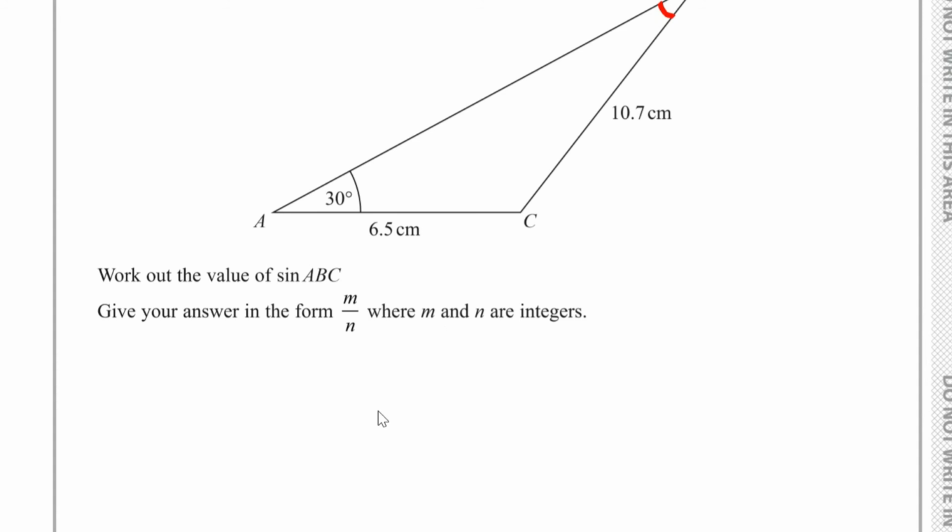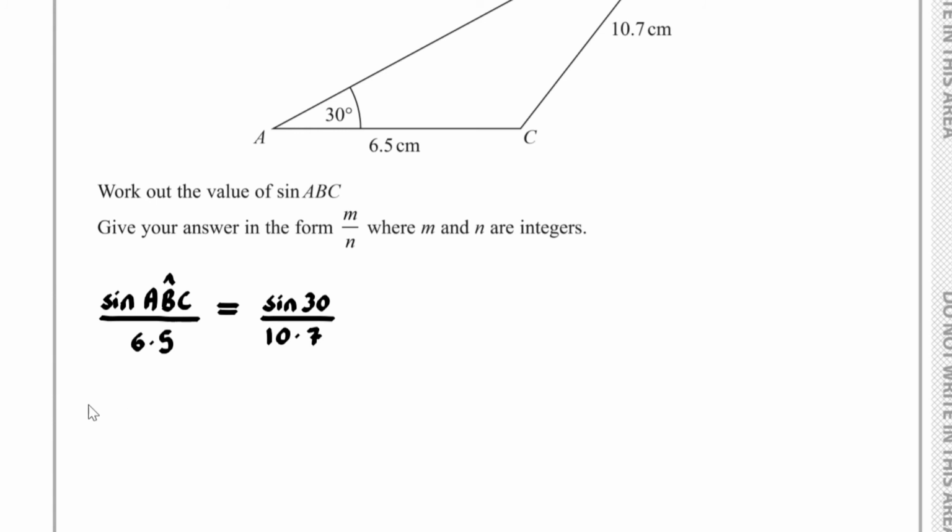So if I use the sine rule, we've got the sine of the angle ABC divided by the length opposite it, which is 6.5, and then we've got sine 30 divided by 10.7.